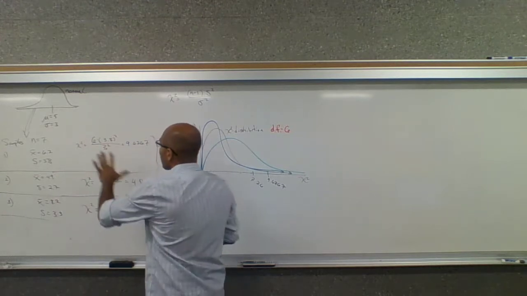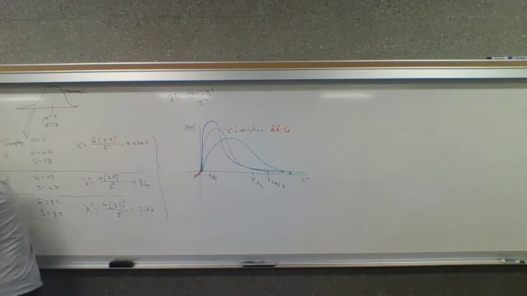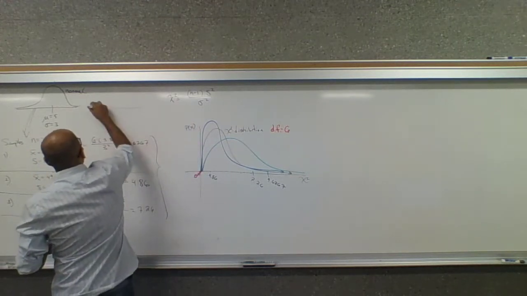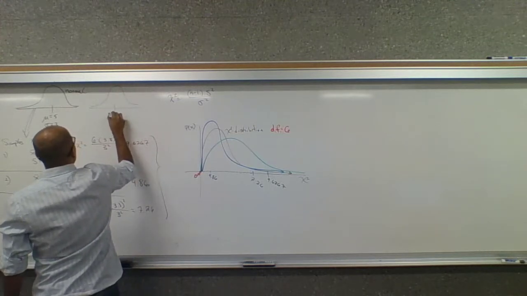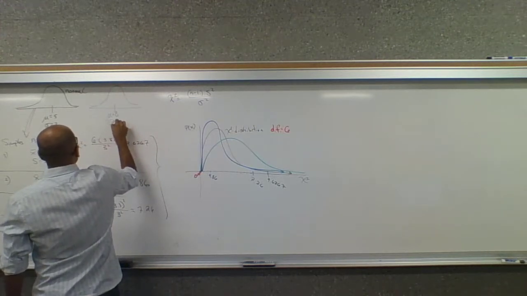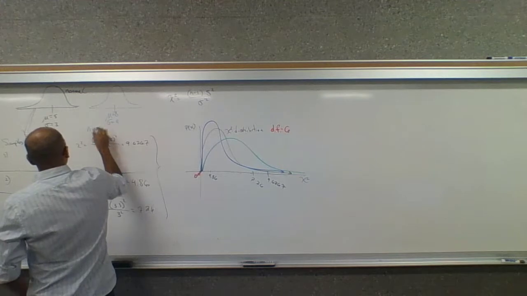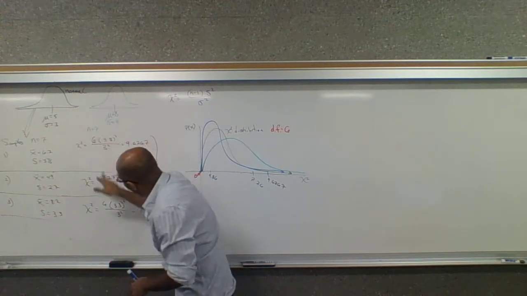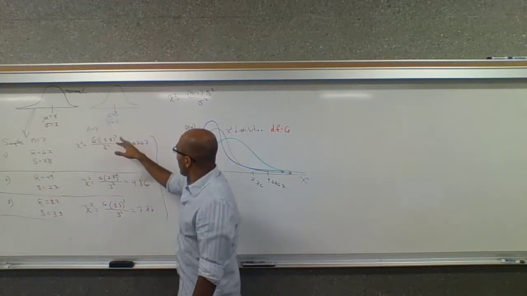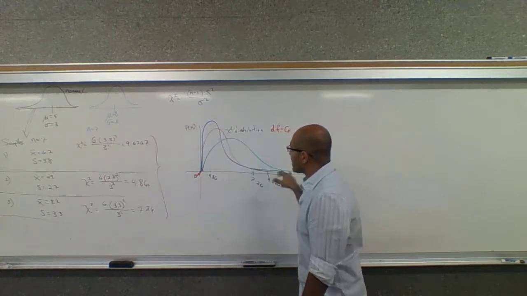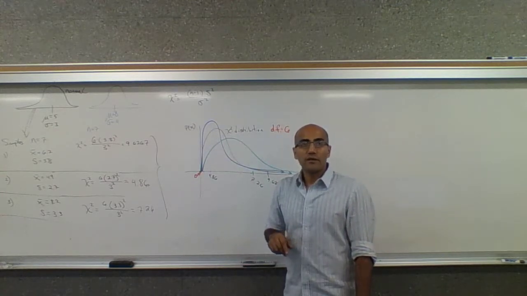Meaning that if I did a whole different question, let's say a whole other normal distribution with mu equal to 8 and sigma equal to 4, but I still did samples of size 7, and I did this whole process all over again, I would still end up with the exact same chi-square distribution.